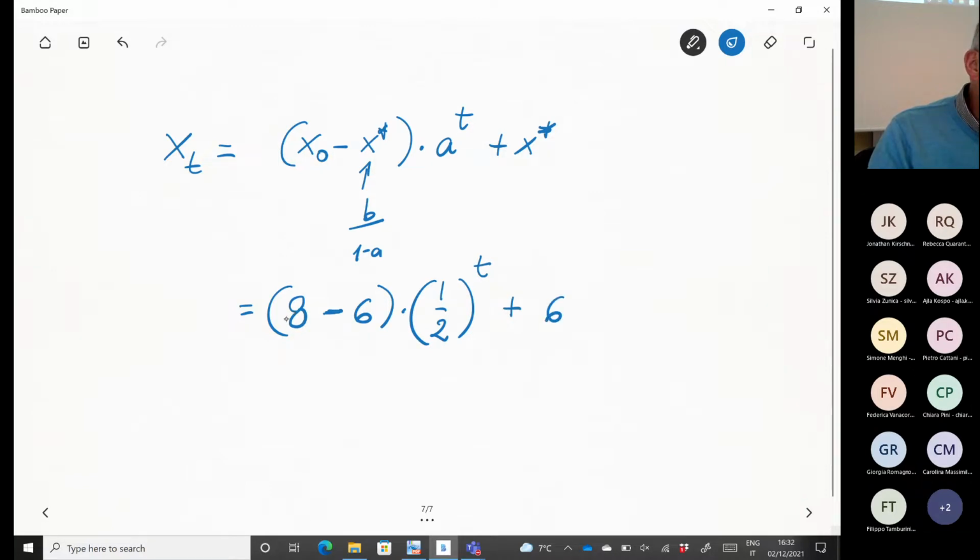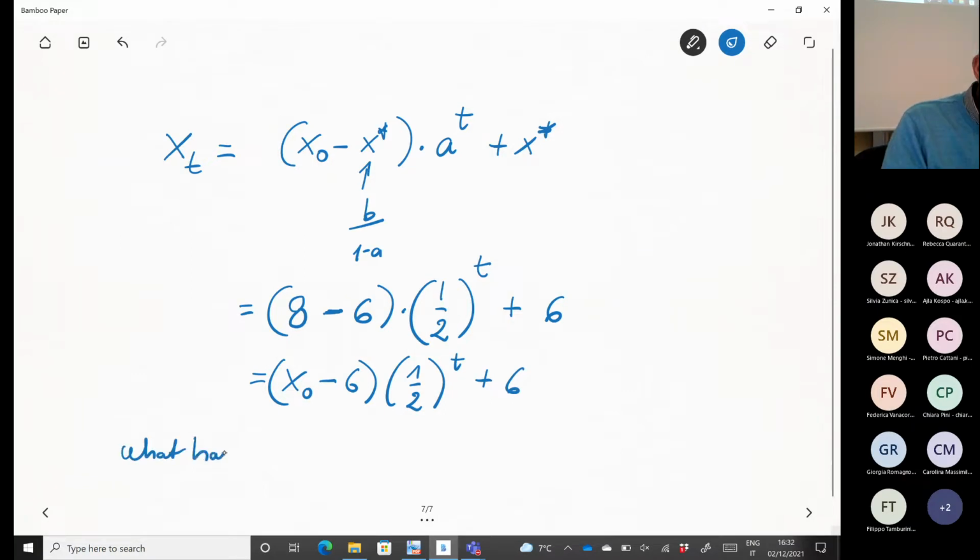I want to be slightly more general, so it is x0. x0 is 8 in our case, can be any initial level, minus 6 times 1/2 to the power of t plus 6. What happens as t tends to plus infinity?